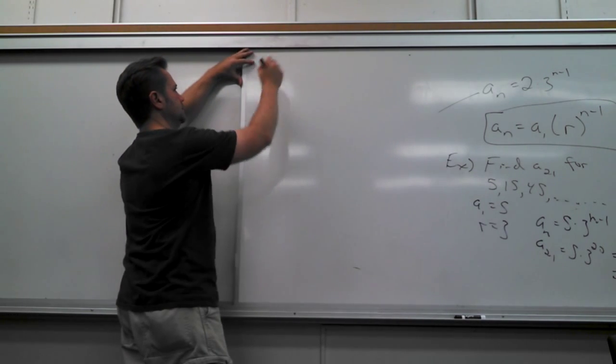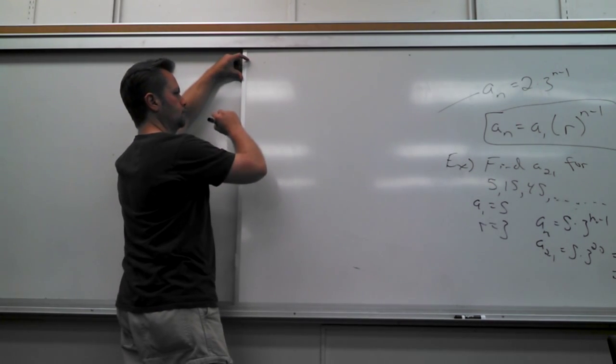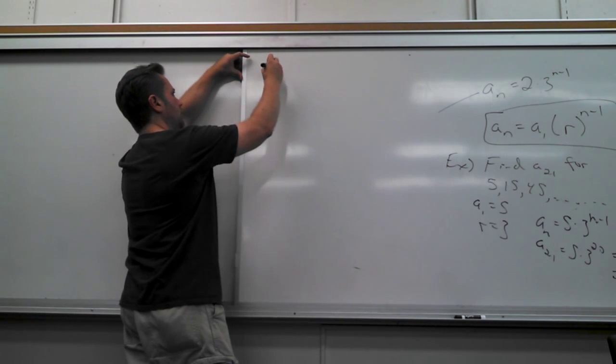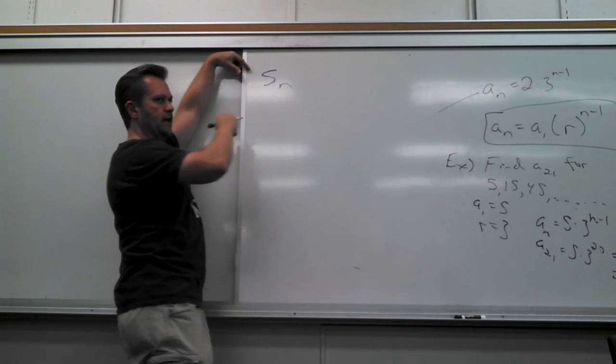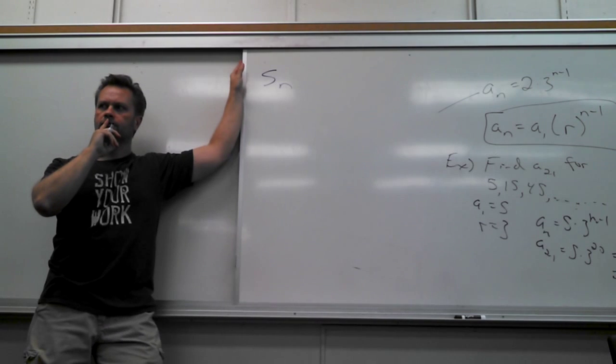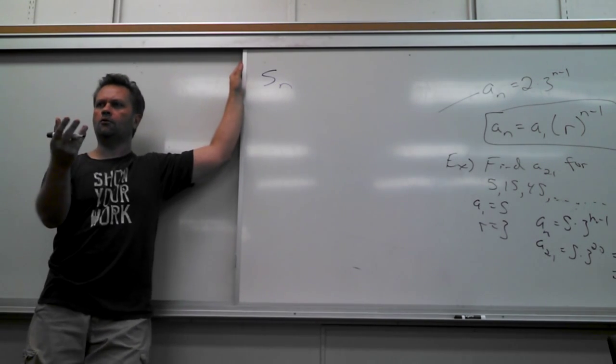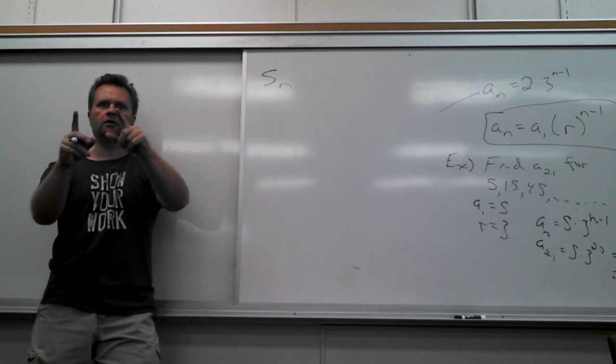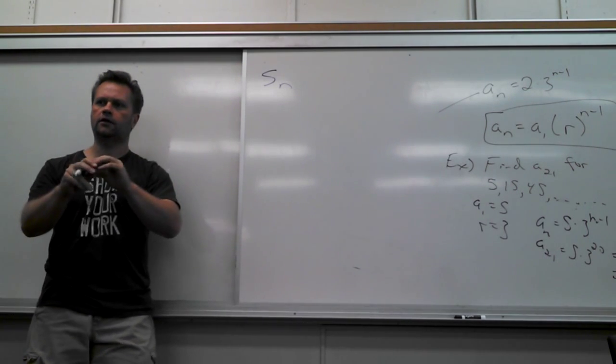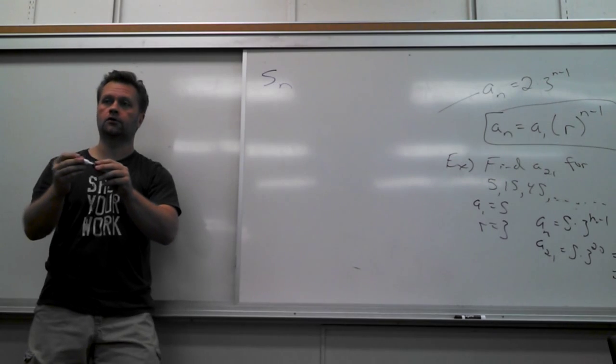Let's see. I want to figure out what the sum of the first n terms is. So let's write down what it would be. Just go with me on this. In fact, you don't even have to write this down if you don't want to.